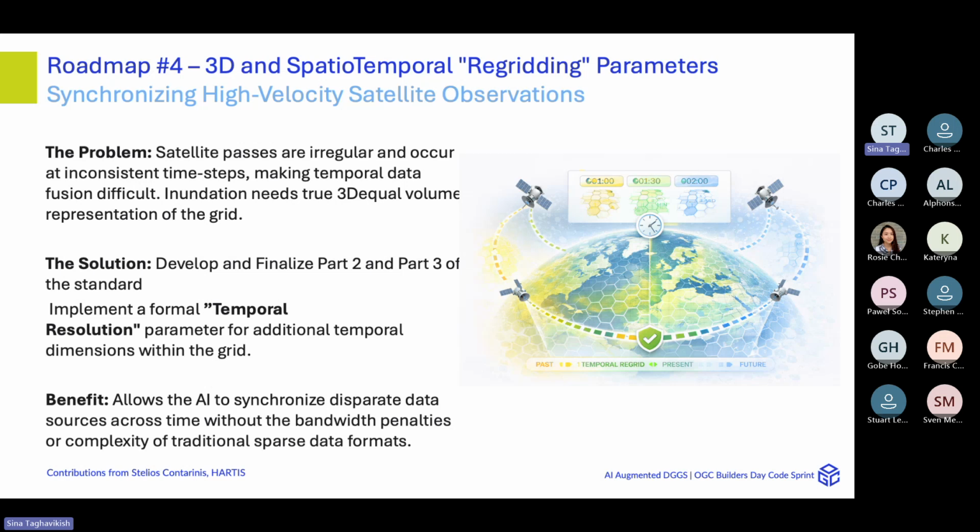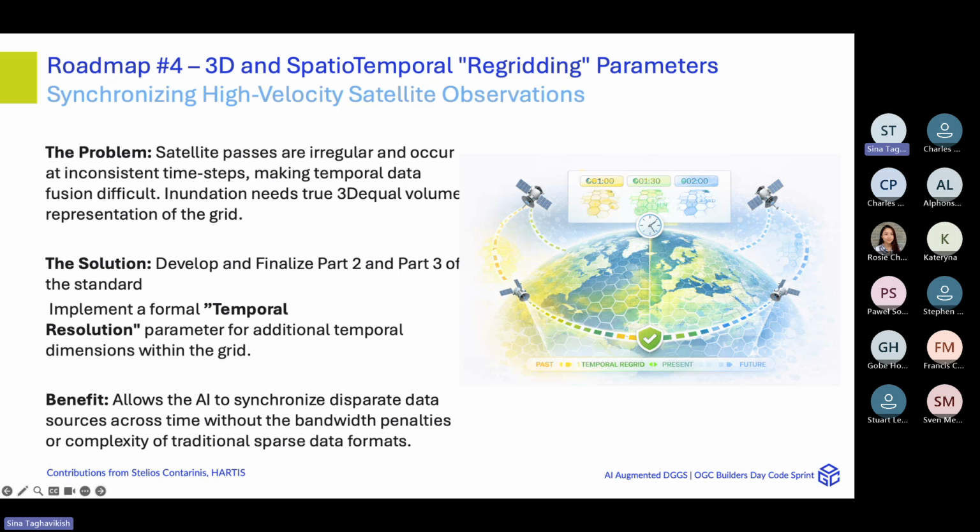Otherwise, it's just useless. Our DGGS at the moment are basically a 2D extension. That's what I call it. So the 3D volume and the spatiotemporal, which is part 2 and part 3, has to be done and has to be released. That's one of my focuses, at least, trying to figure out how part 2 is working these days in the code sprint.